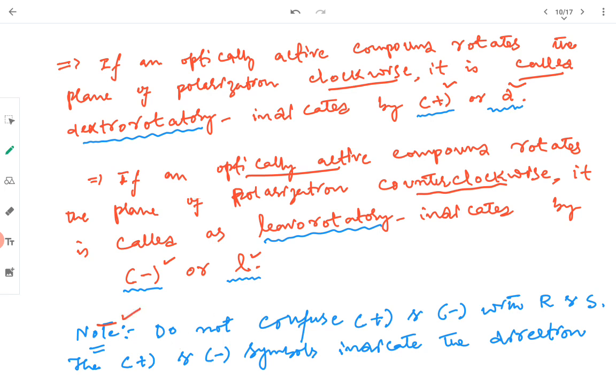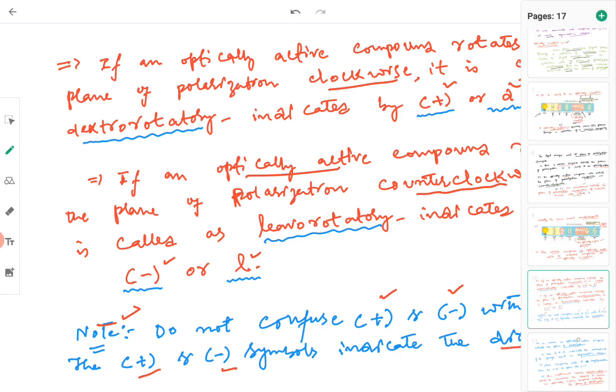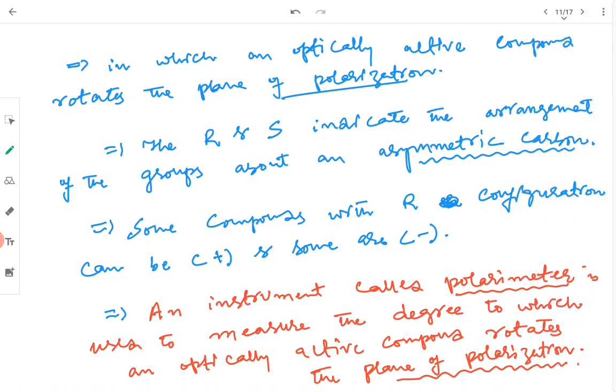Here you have to note down some very important points. Do not confuse this positive sign and negative sign with R and S. This positive has nothing to do with R or S, and this negative has nothing to do with R or S. These positive and negative symbols simply indicate the direction in which an optically active compound rotates the plane of polarization.